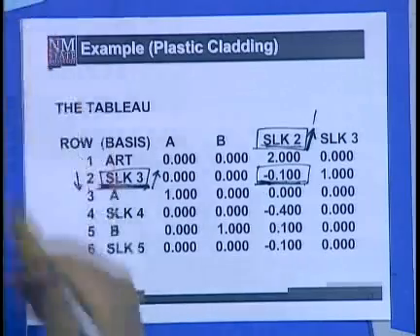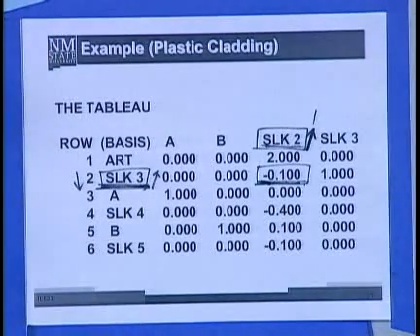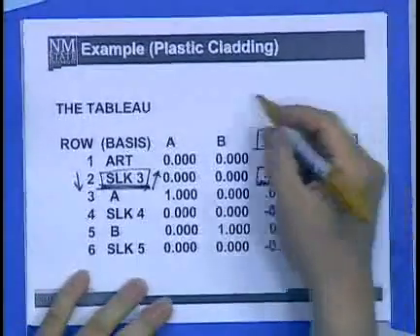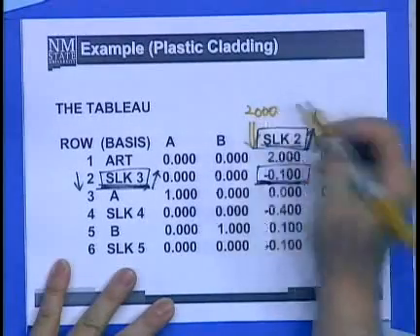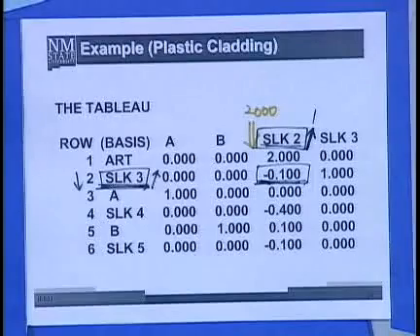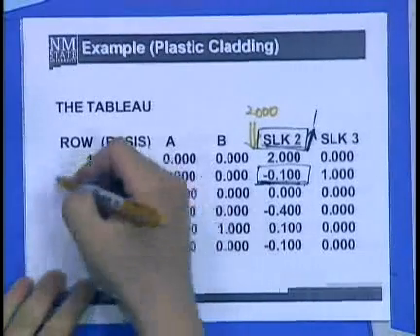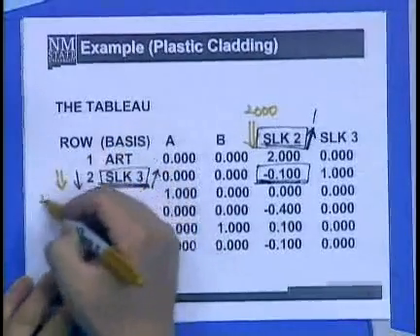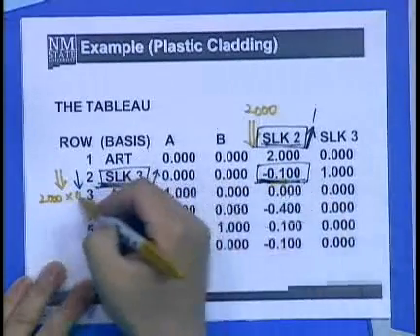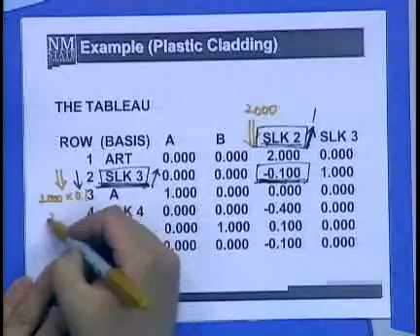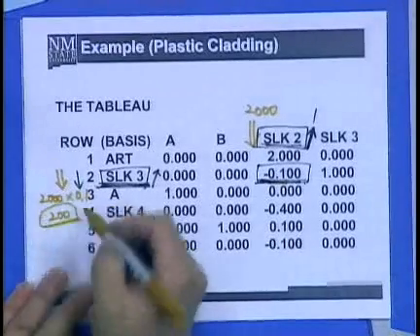So if slack number 2 decreases by 2,000, then the basic variable slack 3 decreases by 2,000 times 0.1, which is 200.